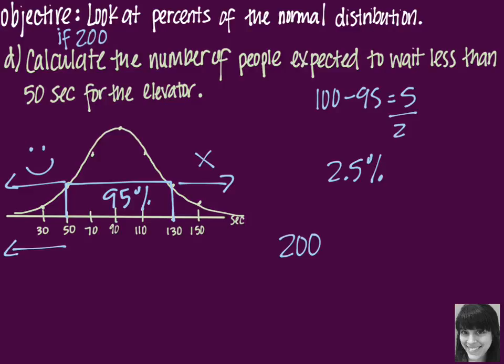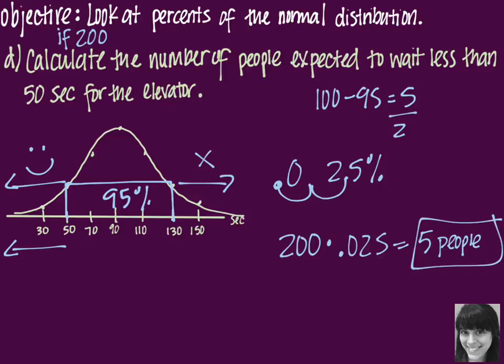So I take 200 and multiply by 2.5%, but I can't do that because it's a percent, so I need to change it into decimal form, which is 0.025. So I multiply 200 by 0.025, and I get 5 people. We should expect 5 people to wait less than 50 seconds for an elevator.